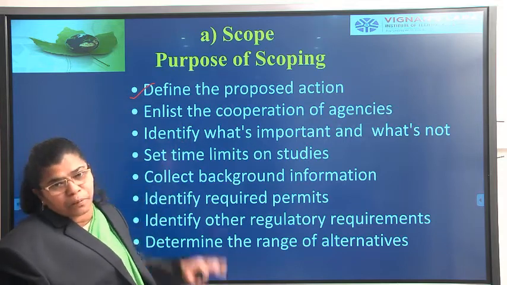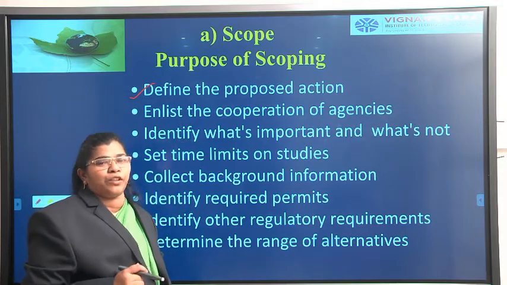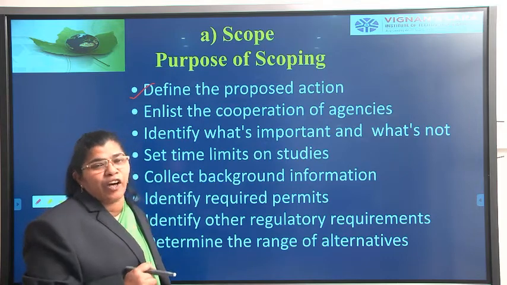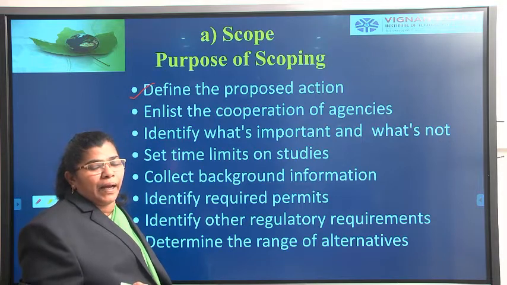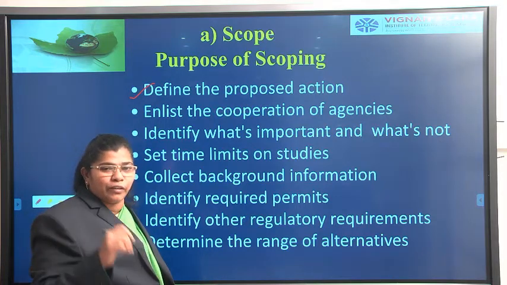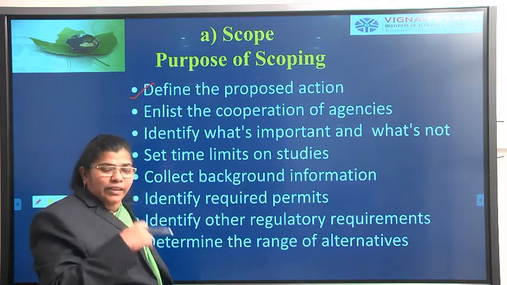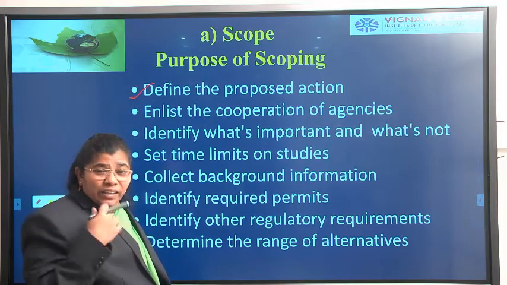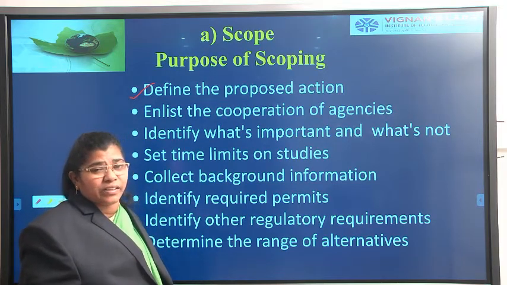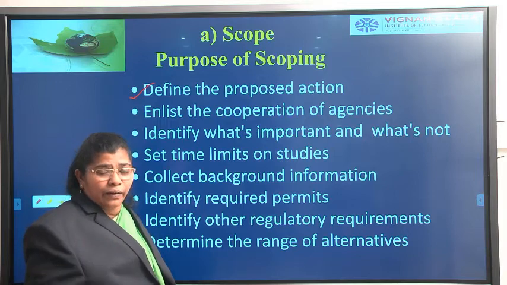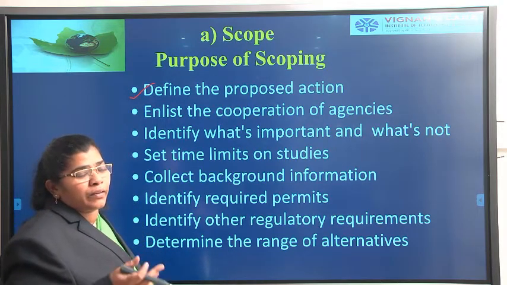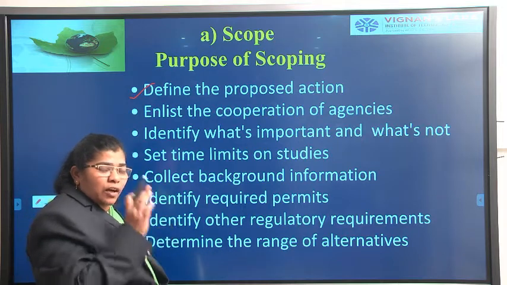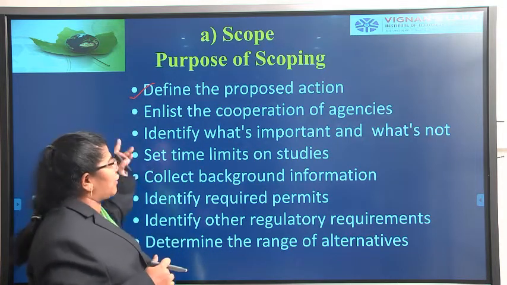So to define the proposed action: where I am going to propose this pharmaceutical industry, whether it will be affecting man or affecting socially, how it will be affected, what change it will bring culturally, what the effect is on the water streams and on the natural resources, like whether I am going to demolish the forest or the irrigation land. Everything I have to make clear.